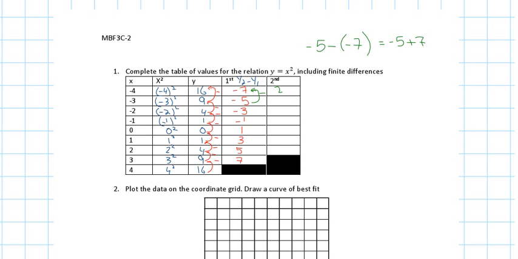-3 take away -5, 2. -1 take away -3, 2. 1 take away -1, 2. 3 take away 1, 2. 5 take away 3, 2. 7 take away 5, 2.